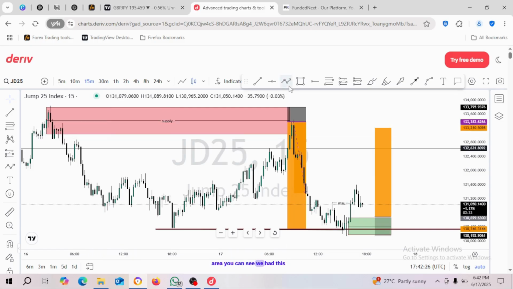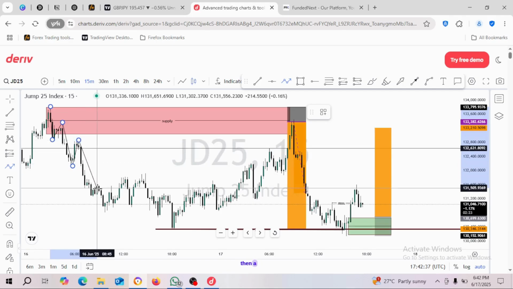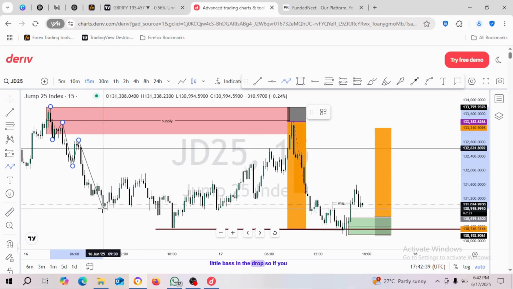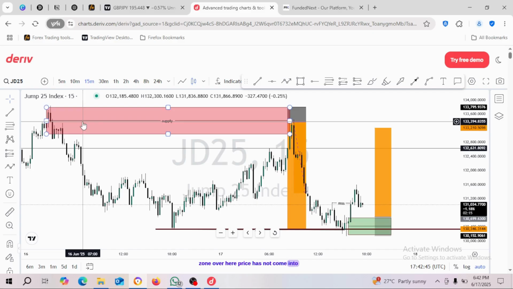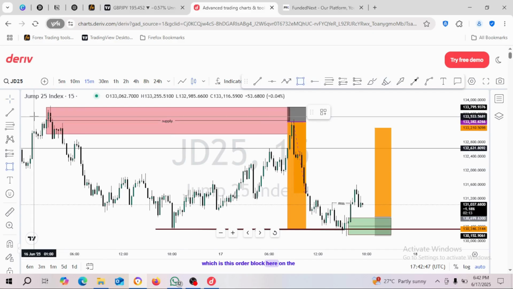You can see we had this rally, base, drop, rally, then a little base and a drop. So if you check, there is a valid supply zone over here price has not come into, which is this other block here on the 15 minutes time frame.